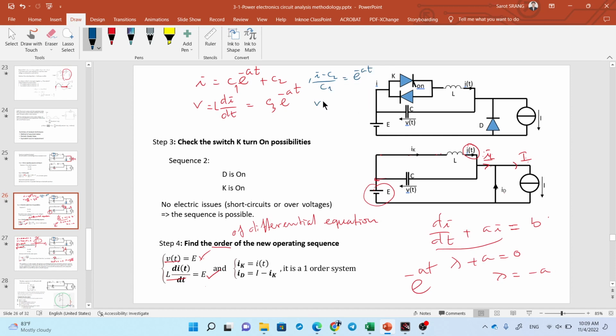And this one, V over C3 equal to the same. So if we compare these two, you can have a relationship. V and I is just a line. Okay? I mean, if you want to plot V and I together, it's just some line.